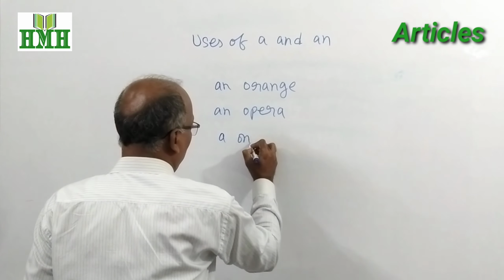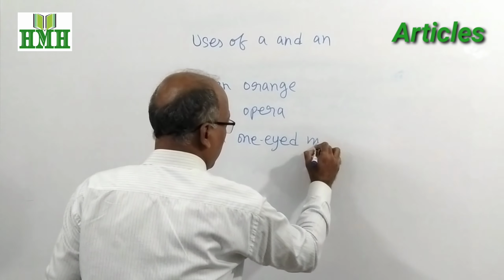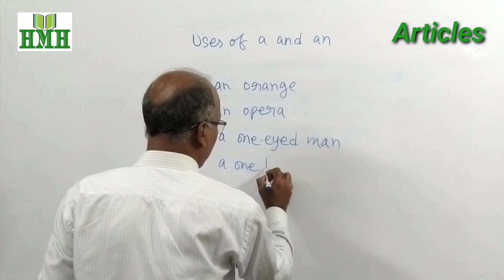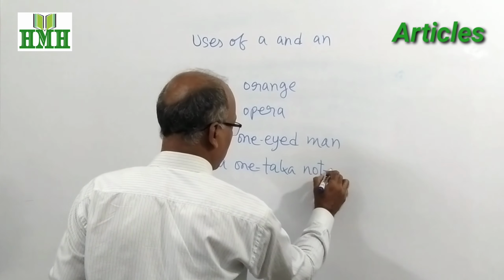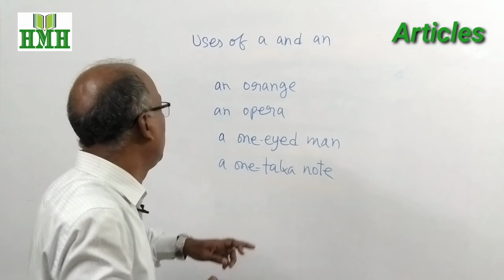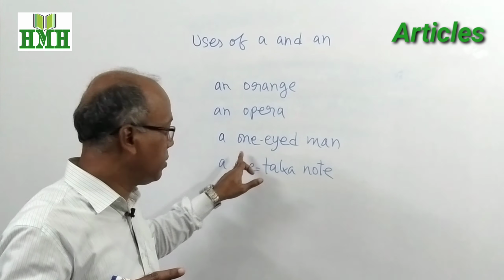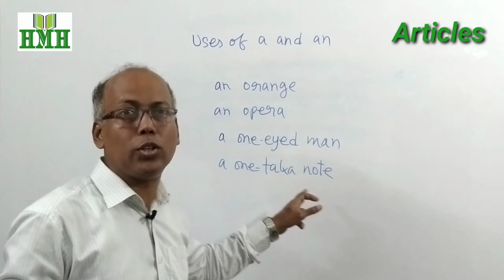Suppose a one-eyed man, a 1 taka note. Here a is used before the word one. A one-eyed man, a 1 taka note.